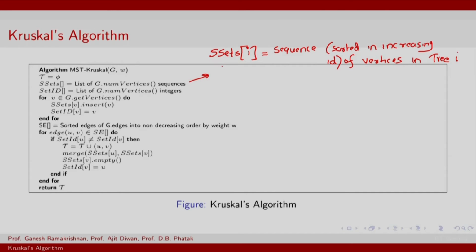As pointed out, we hope that eventually either only one of these sequences is non-empty, or we are not able to find an edge connecting two different sequences, that is two different trees represented as sequences of vertices.